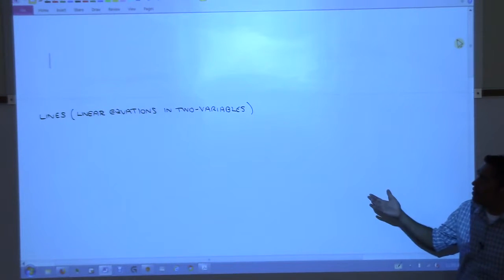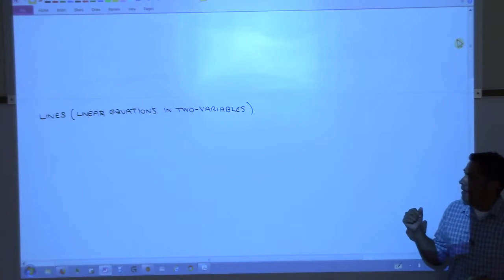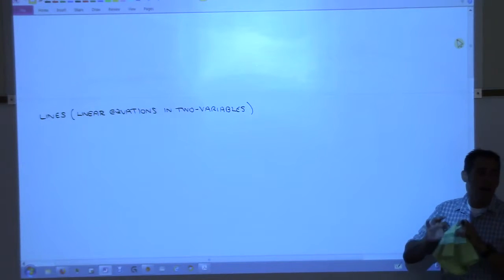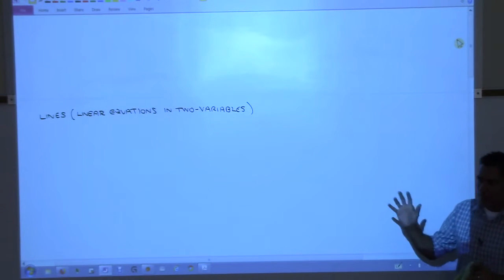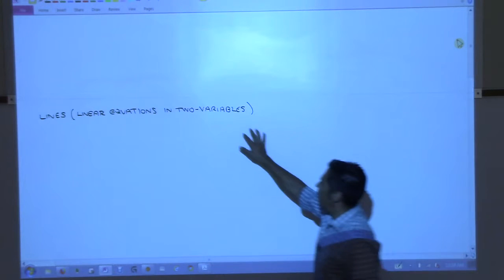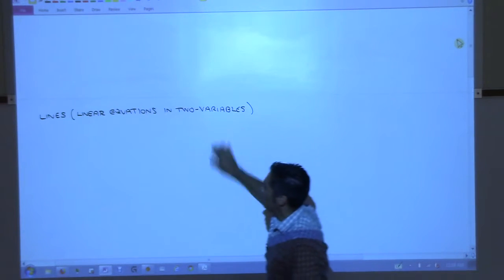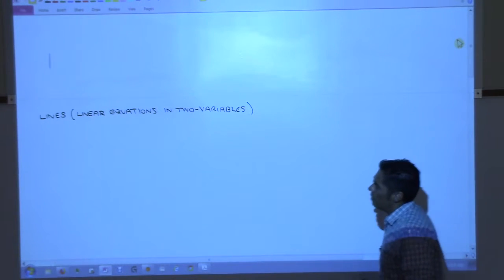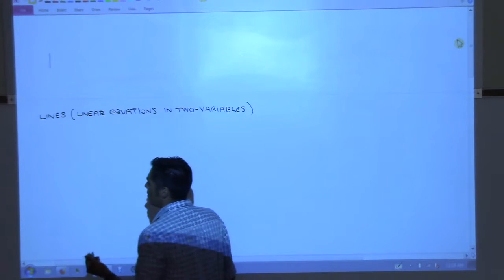So we call those linear equations in two variables. And in other classes, you can have lines in three-dimensional space, so they look a little different. That's why we have to be specific about what we mean. So, linear equations in two variables.